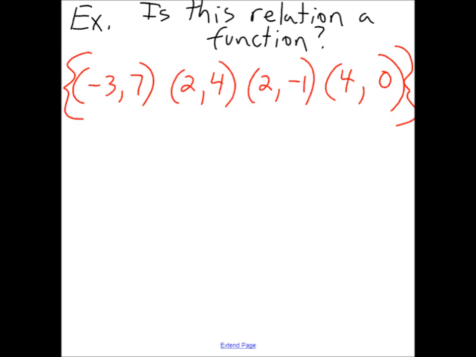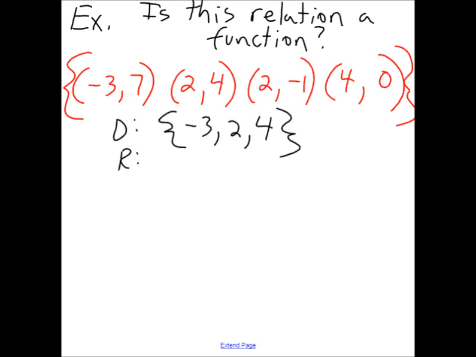Really quick, I want you to take a second to write the domain and range. So before we talk about is this relation a function, can you please write down the domain and range? Okay, so hopefully you got a chance to work on that on your own. The domain for this relation would be negative 3, comma 2, comma 4.